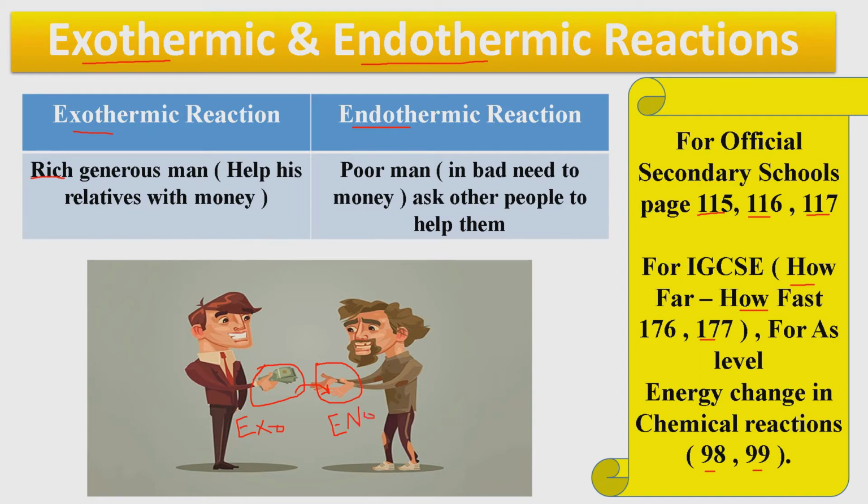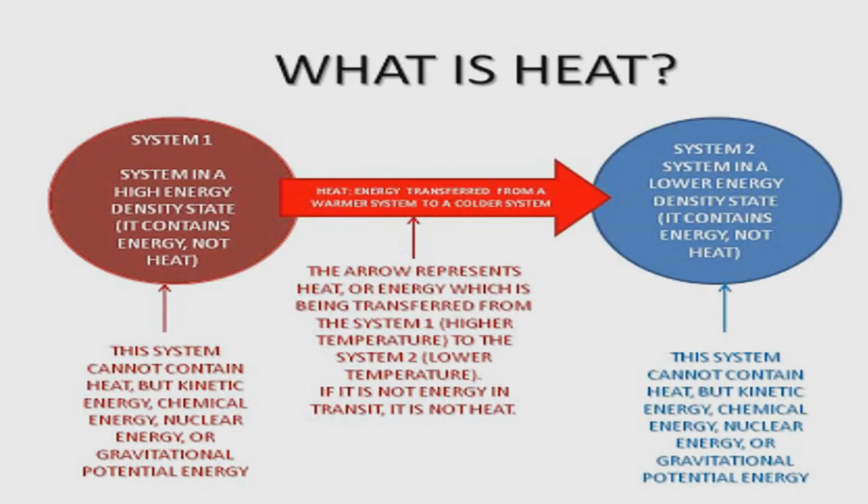At first we will start to understand that inside your compound we don't have heat. In the system we don't have heat, but we have kinetic energy, potential energy and nuclear energy, which are stored inside the compound.